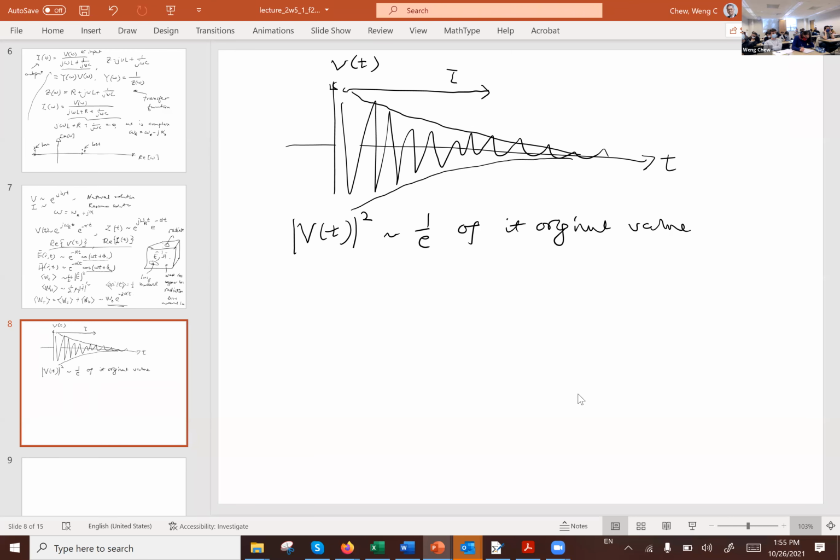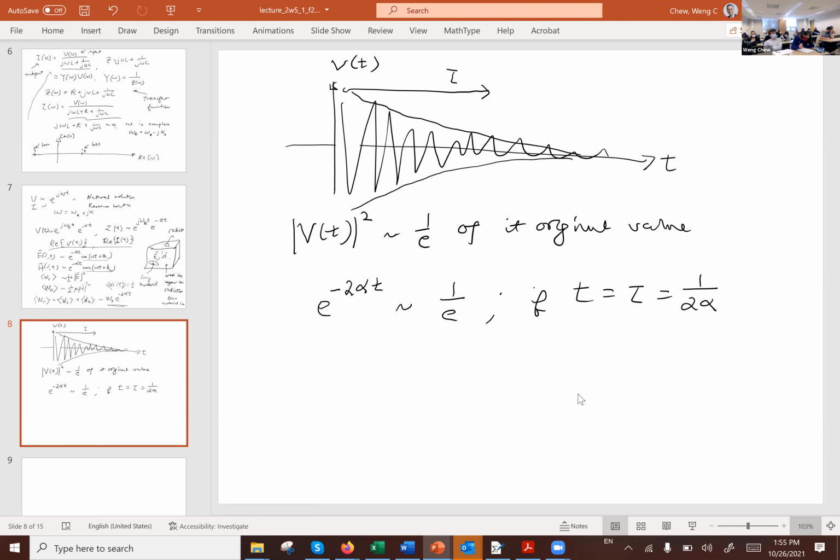Okay, so e to the minus 2 alpha t would be 1 over e if t equals tau. That time constant tau is 1 over 2 alpha. So if there's an alpha associated with this decay, then the time constant tau is 1 over 2 alpha. And what is the Q?